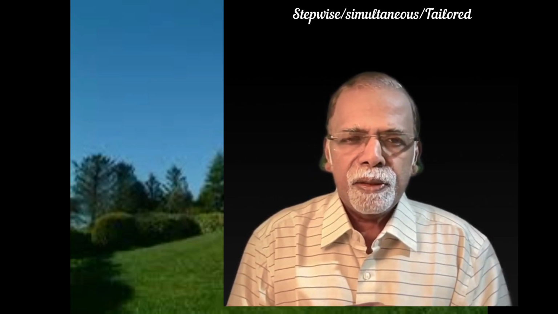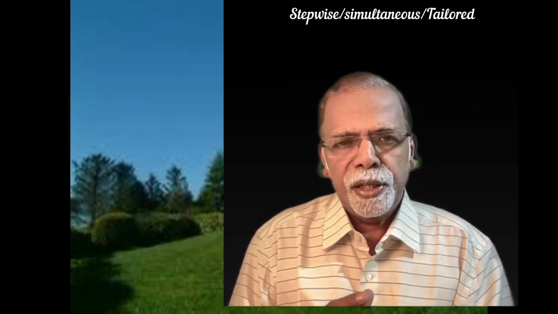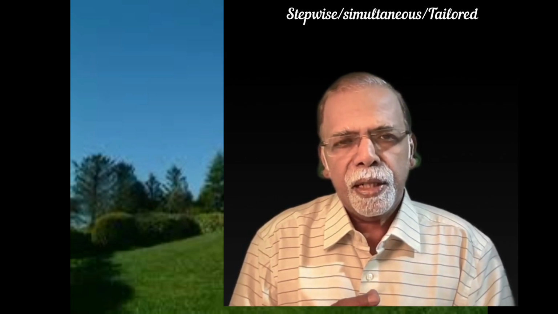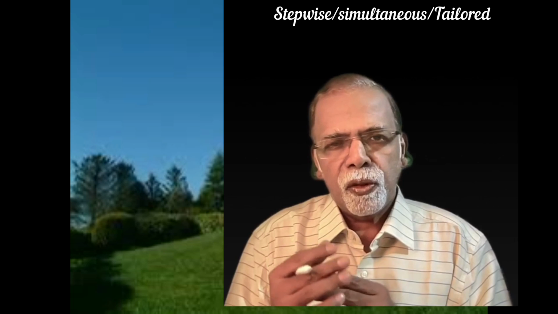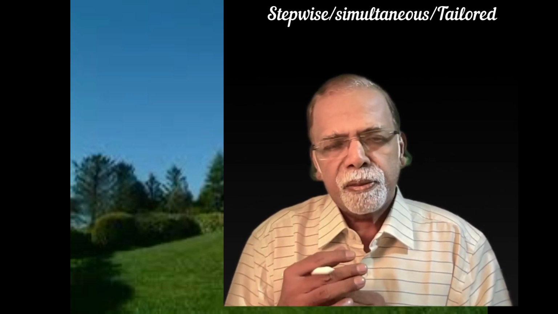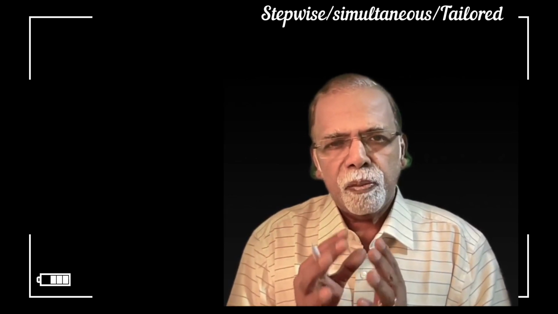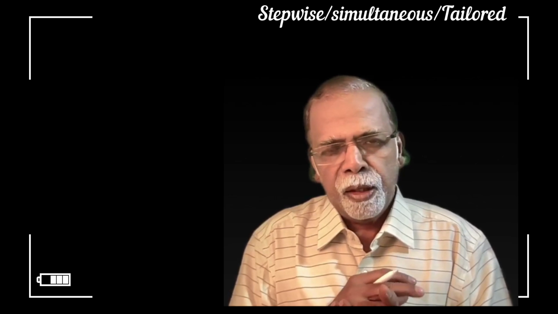In the last session on GDMT, that is the Guideline Directed Medical Therapy, we discussed that when a patient has features of fluid overload, you give diuretics and optimize volume and then go for the GDMT, the 4 pillars of therapy.